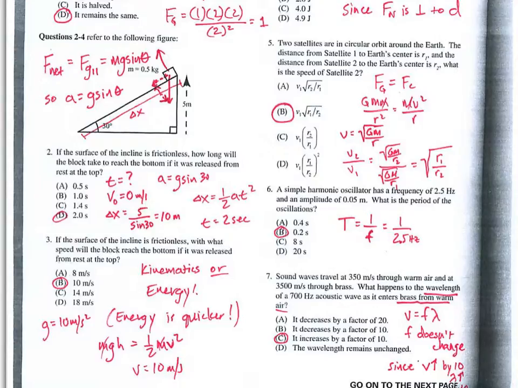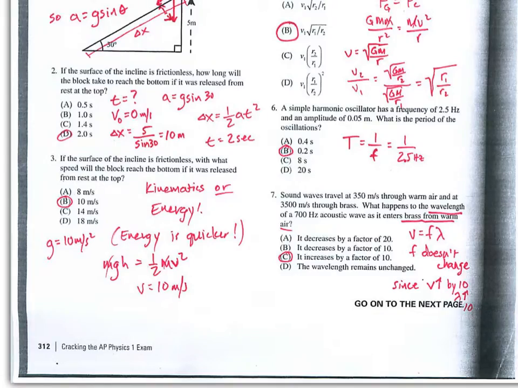We have to use V1 in our equation because we don't know what the actual velocity of satellite 1 is. So V2 over V1 is equal to the square root of GM over r2, over the square root of GM over r1, respectively. We do a little bit of algebra and cancel a few things out, and we see that ultimately V2 is equal to V1 times the square root of r1 over r2.